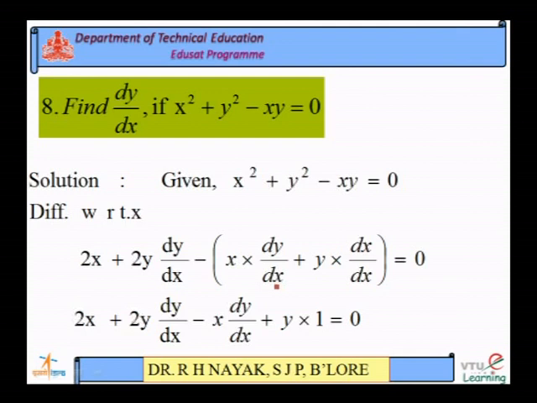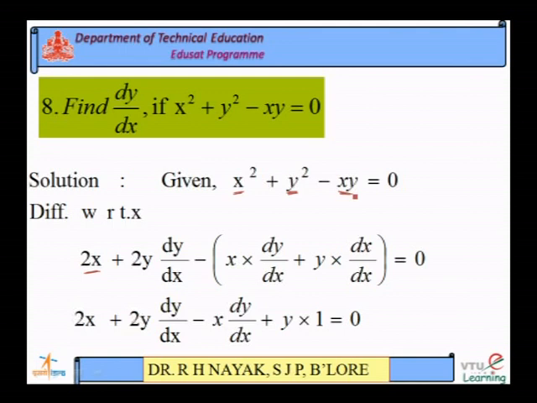You see the example, x square plus y square minus xy is equal to 0. As we know, differentiation of x square is 2x. What is differentiation of y square? It is 2y into dy by dx, correct, minus x into y. Here we have a product of x and y. How to differentiate a product of functions? No doubt, we have to use the product rule.